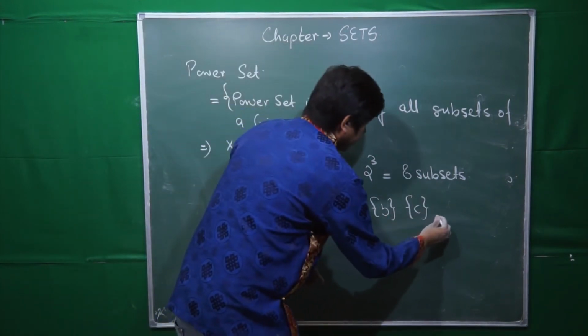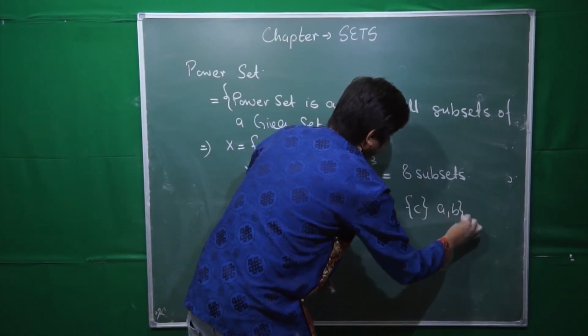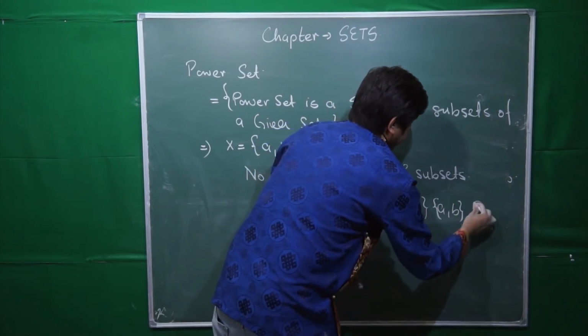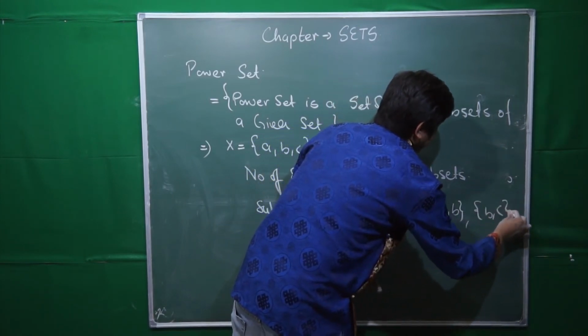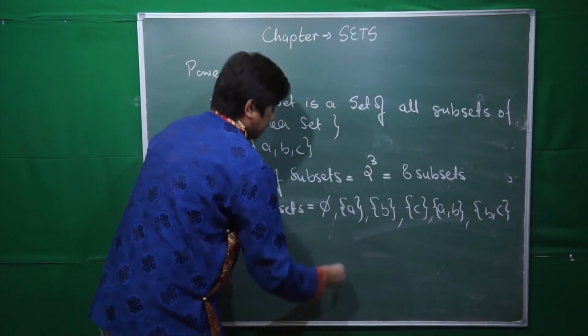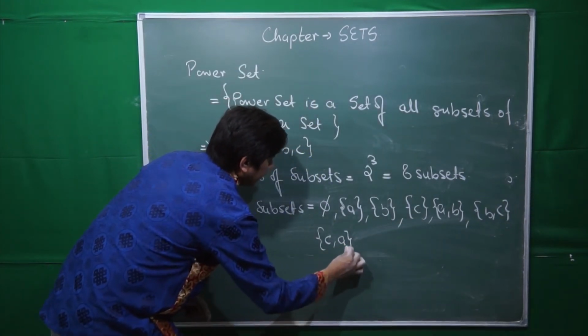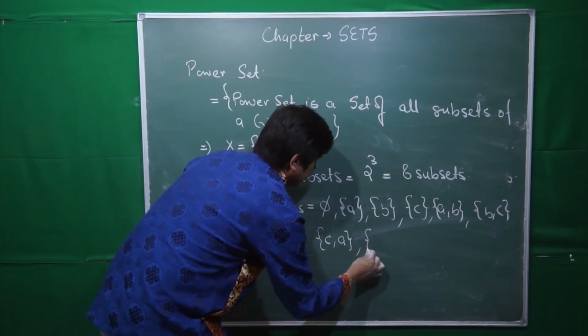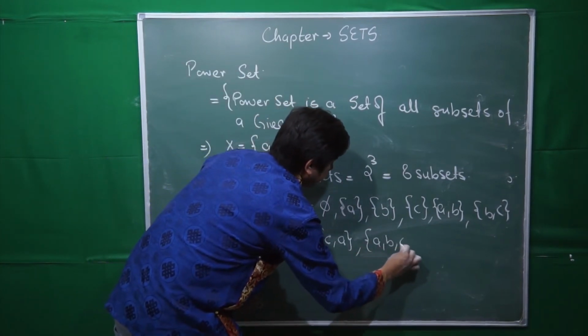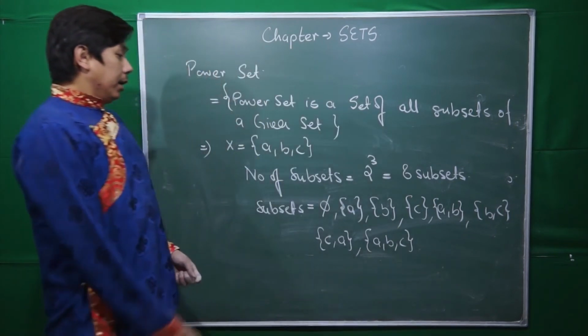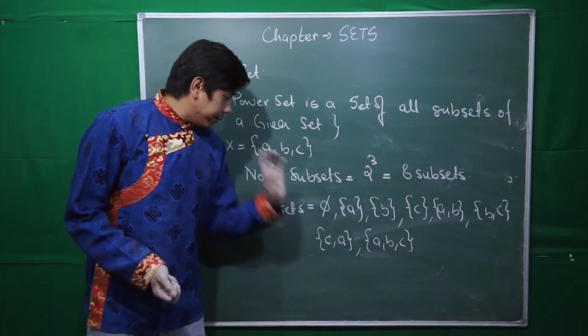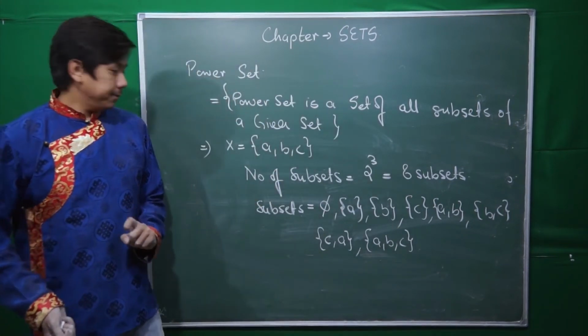Now combine them together. {A, B}, {B, C}, {C, A} as well, and then the last set is {A, B, C}. Alright. Now these are all the subsets of the set X.